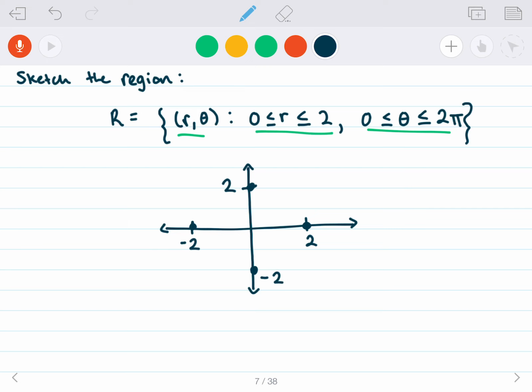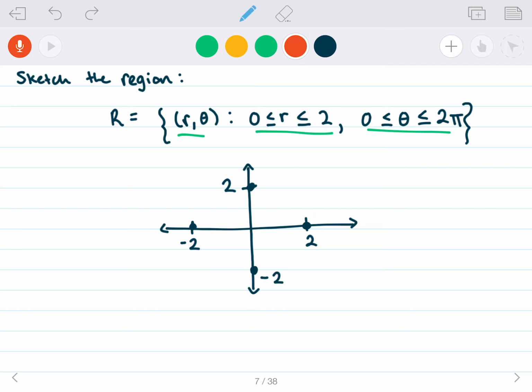Remember, when we talk about a radius, we don't think about it as being negative. We can say that our point is at a negative position, but we don't really talk about a radius being negative, because we talk about distances with a radius. So my radius is 2, and my angle that it's going to sweep out is 2 pi.